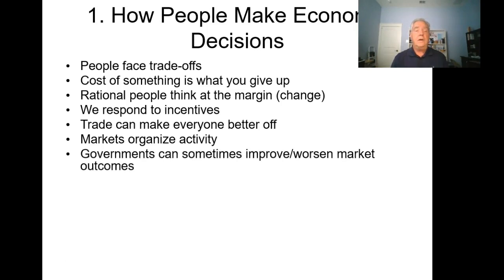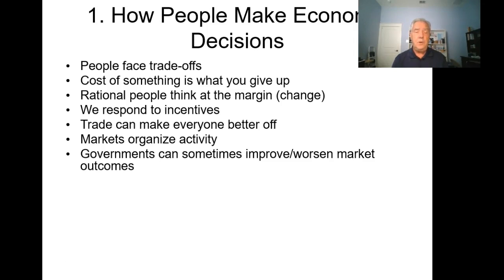Now, here comes the role of government. Governments sometimes can improve and worsen market outcomes. They can pass legislative laws, they can make mandates, they can do things that can impact the marketplace and interfere with supply and demand. The classic example is taxation.